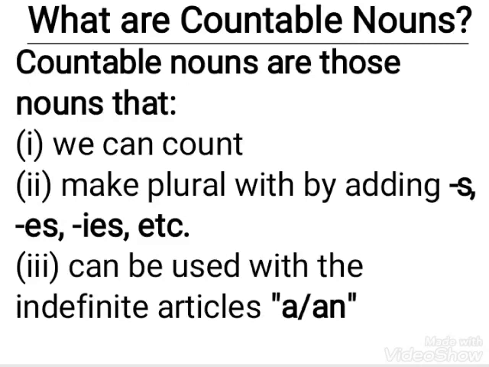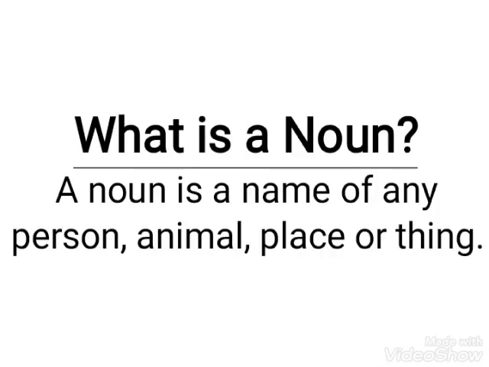Yes, we'll be doing examples of countable noun whereby we use the s, es, or ies so that we'll better understand what this countable noun is about. But first, what is noun? We say a noun is a name of any person, animal, place, or thing.